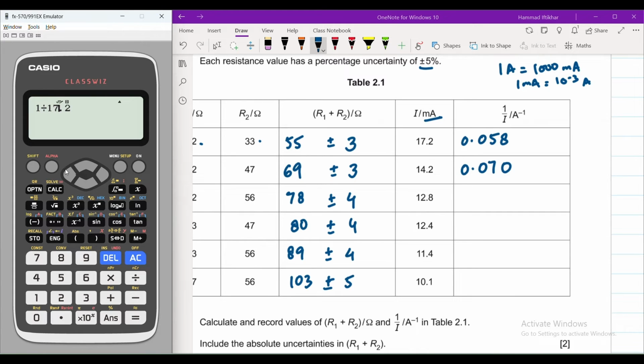I didn't realize this. Actually, all of these values will be multiplied by 1000.